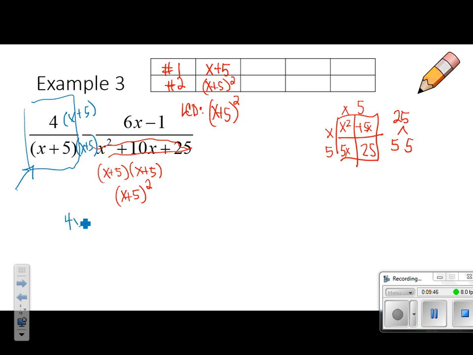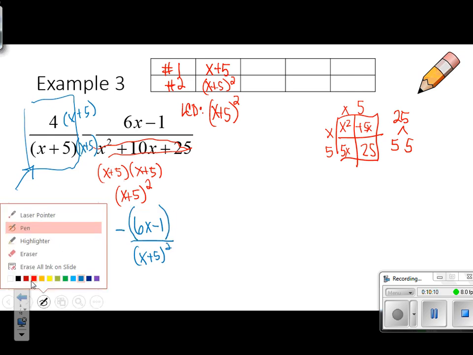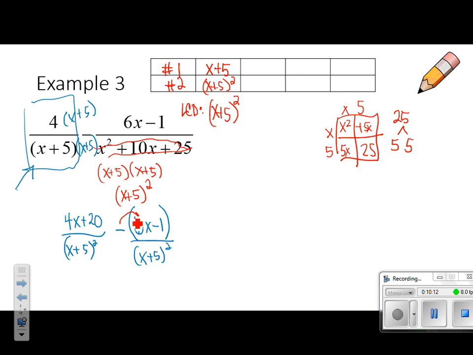So this is 4x plus 20 over x plus 5 squared minus 6x minus 1 over x plus 5 squared. All right, now I'm subtracting two fractions. Now, this says subtract everything. So what I need to do and make sure is that I distribute that negative to everything.